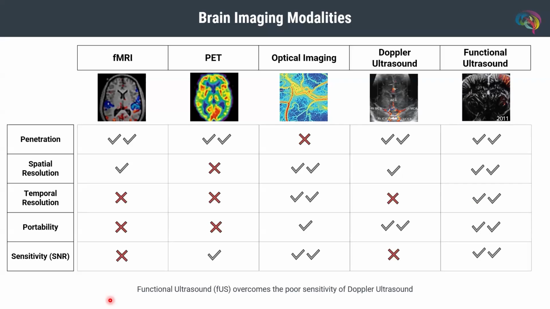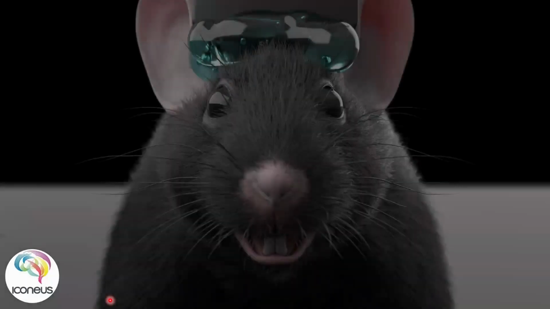So functional ultrasound and Doppler ultrasound are based on the same physical principles of ultrasound Doppler. And so to understand why there is this difference between the two, we must start from how the technology works.